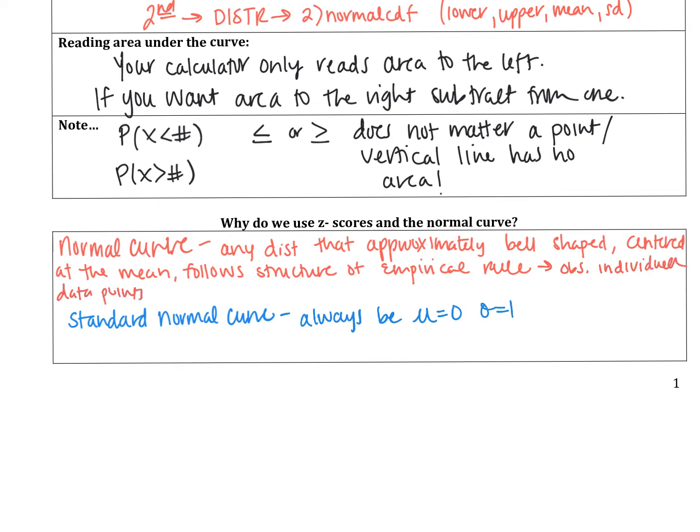On the standard normal curve, observations are z-scores. So units don't matter. This is really helpful because we can compare data with different circumstances.